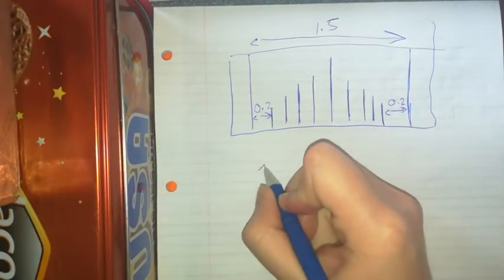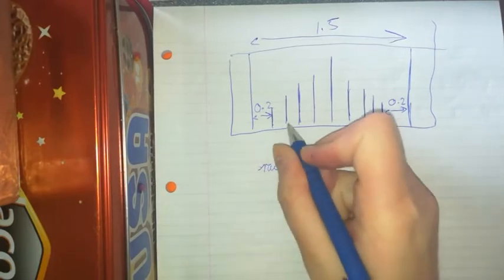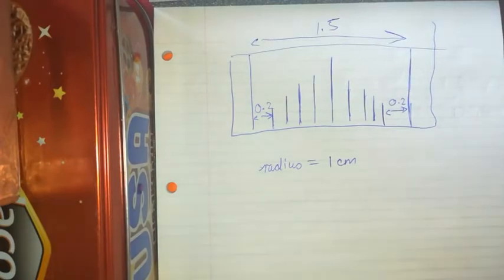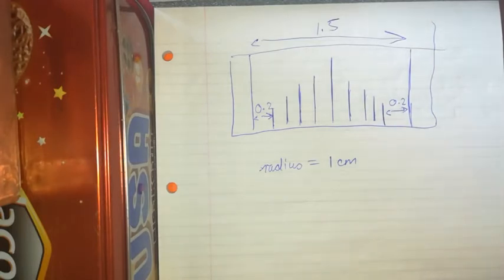So the radius of each of the cylinders, because these are all cylinders, is equal to 1 centimeter. So the distance from the wall to bar A is similarly the distance from the other wall to bar I. So the gap between them is each identical.